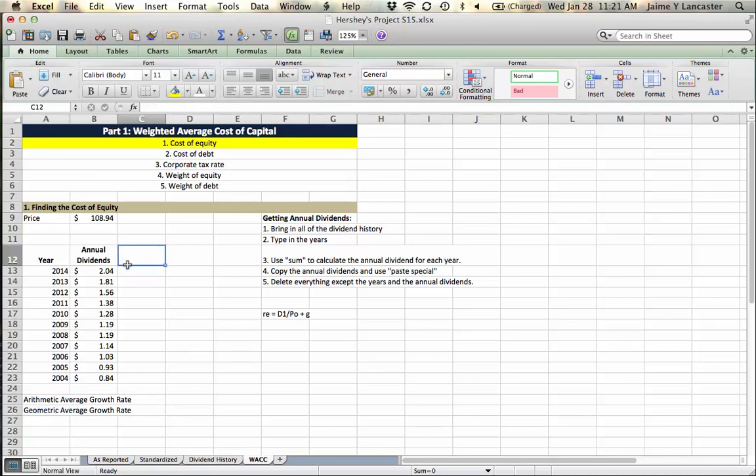So we're going to create a column here where we calculate the growth rate, how much growth the dividends showed from year to year. All right. So the formula for growth rate is always the new value divided by the old value minus 1, right?